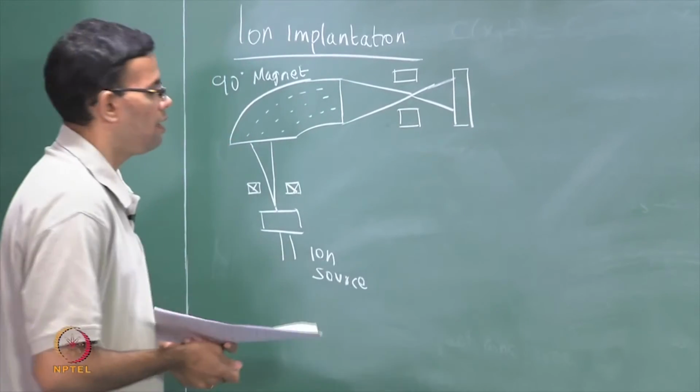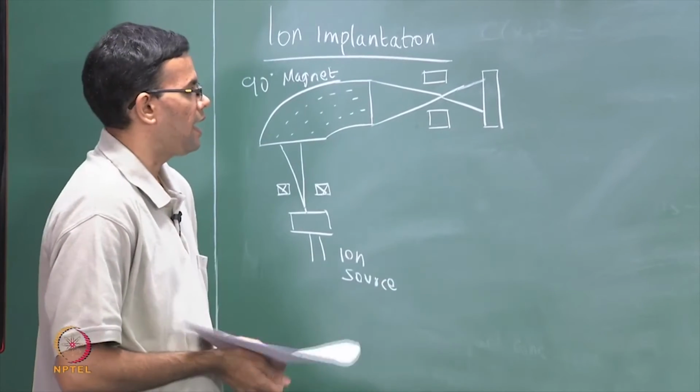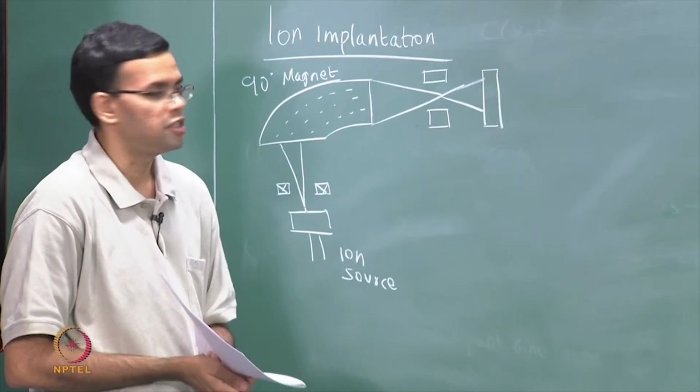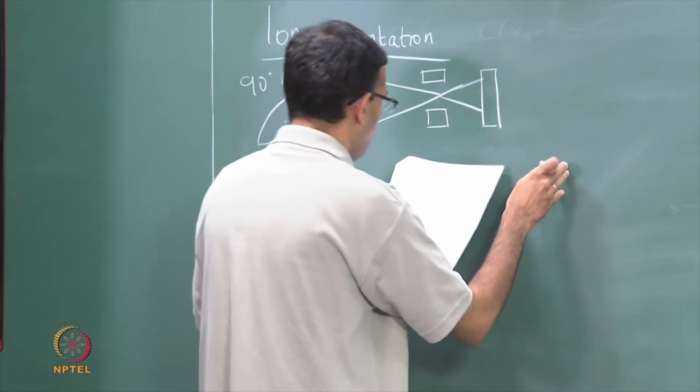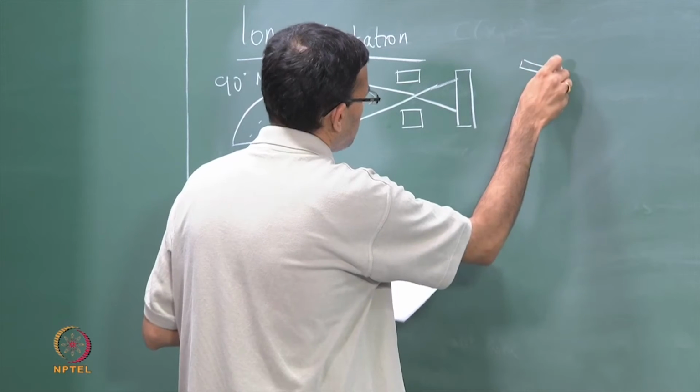So, these ions are extracted, they are typically accelerated through a specific voltage, and then they pass through a whole bunch of beam traps and gates.